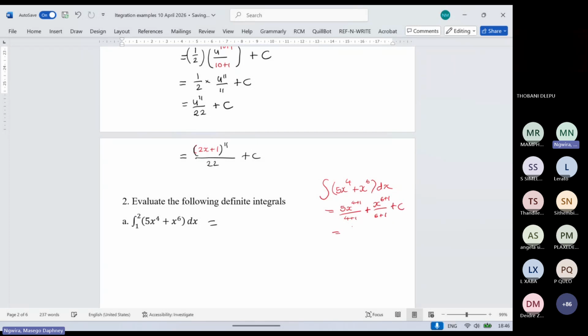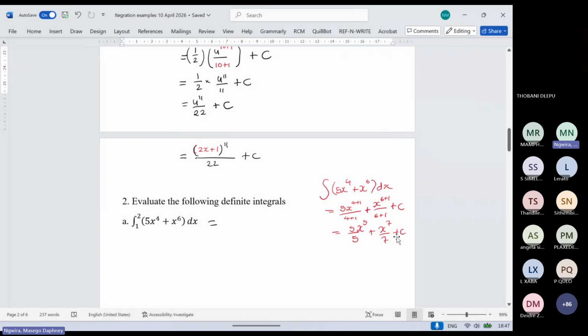Then my answer is going to be 5 over 5, because 4 plus 1 is 5. And then this is plus x to the power of 7 over 7, plus c. And if you remember from the video, I said that when we do this one, please don't include the c, because at the end of the day, the c's cancel each other out.